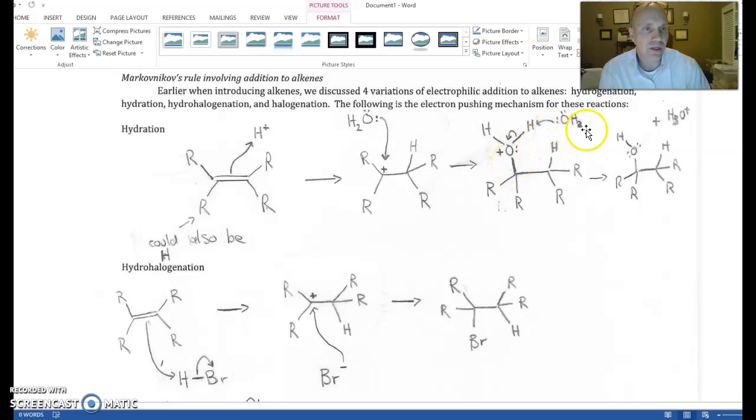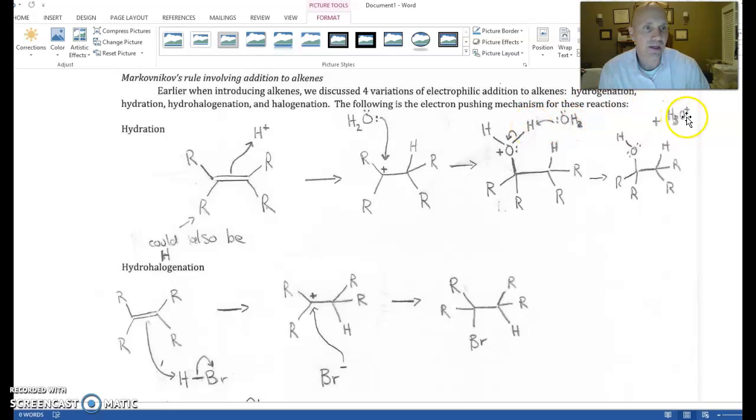Then some water molecule that's close by has an electron pair that is going to attack that H+. This electron pair is going to go back onto that oxygen, and that's going to release the overall product right here. One other thing that's made is H3O+ from when the water attacks that H+.